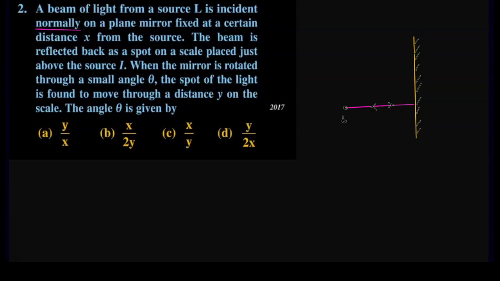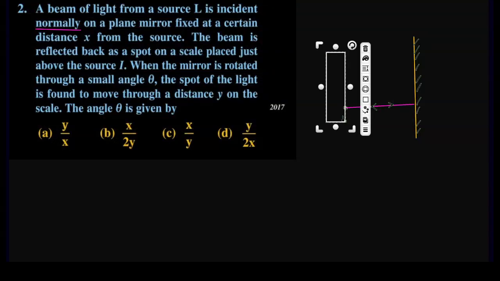Now what they are saying here, they placed one scale. So it is reflected back as a spot on a scale placed just above the light source. Imagine one scale is placed like this, and it is reflecting as a spot at this location.